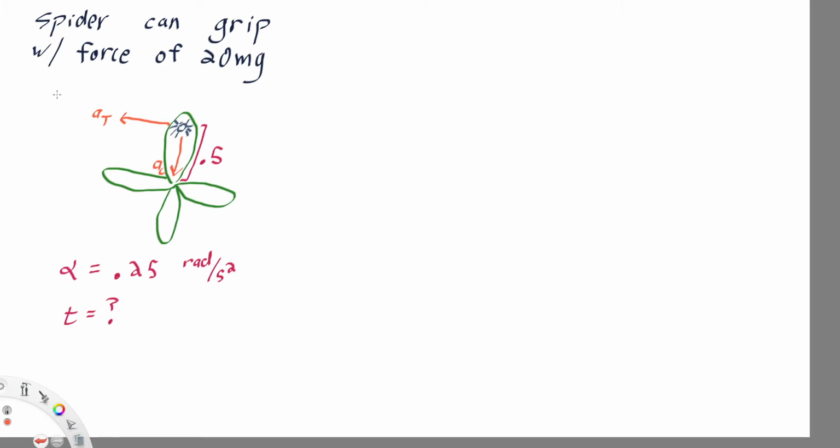And so we'll just go ahead and define that as the positive radial direction and the positive angular direction. And that is step 1 and 2 taken care of.